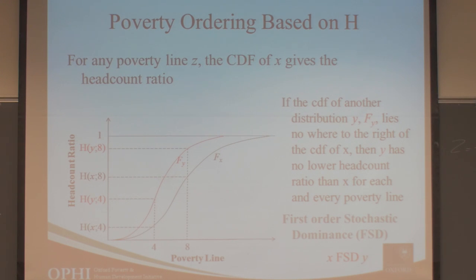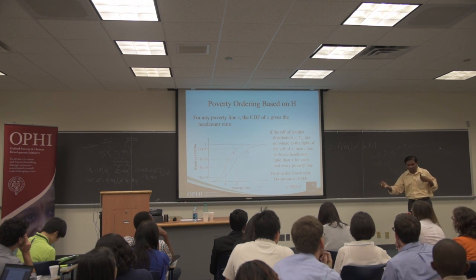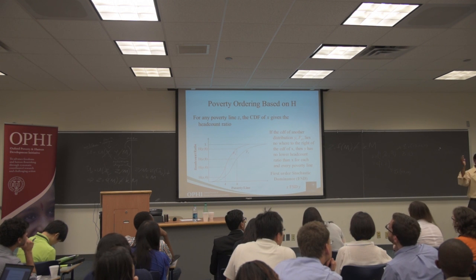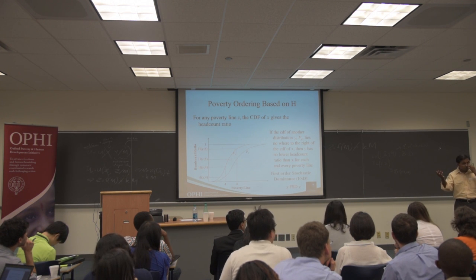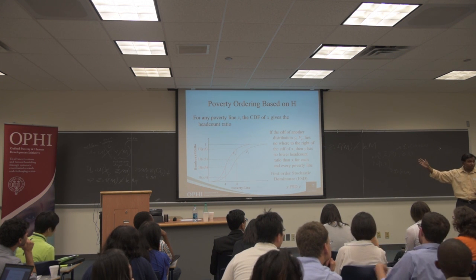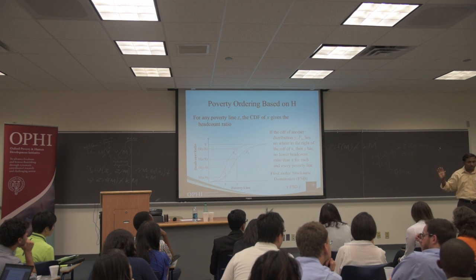So the first thing you may do, you have these two distributions. Suppose you are comparing male versus female, or changes over time, or one society versus another society. The first thing you could do is plot your consumption expenditure or your income, and if you have such a situation, I'm talking about population here, by the way, you conclude one distribution has more poverty than the other.